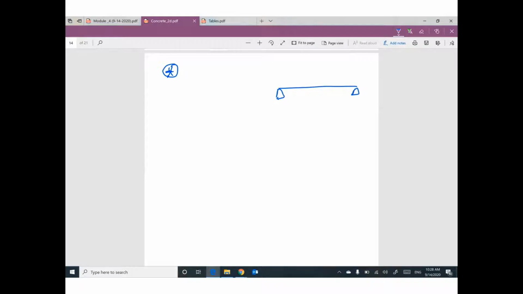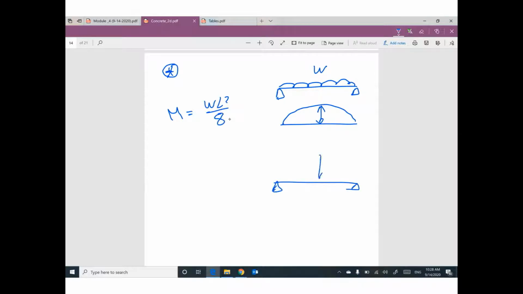If you have a simply supported beam with uniform distributed load w, the bending moment is a parabola. And this value of moment equals wL squared over 8. If you have a simply supported beam with concentrated load P at mid-span, your moment equals PL over 4.